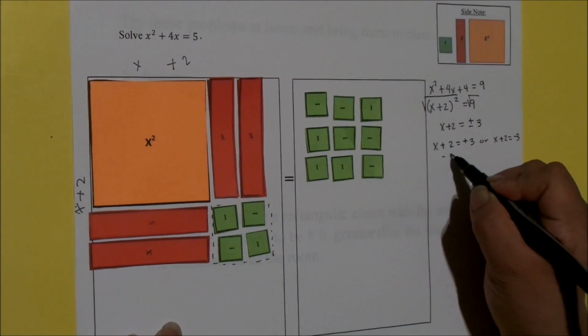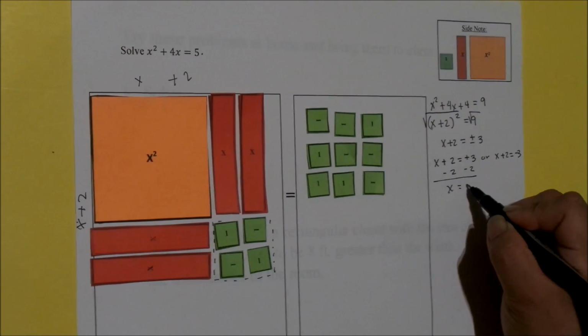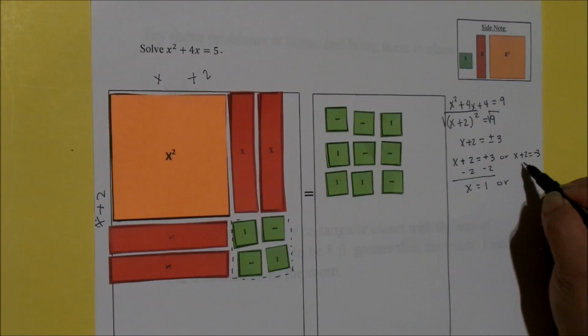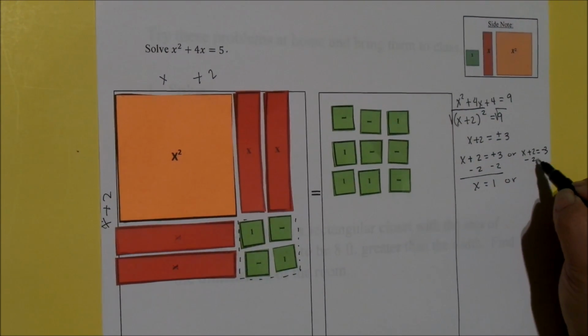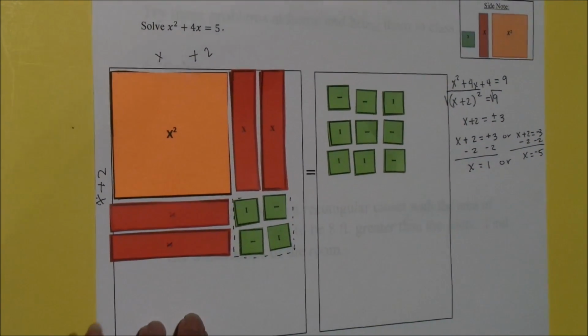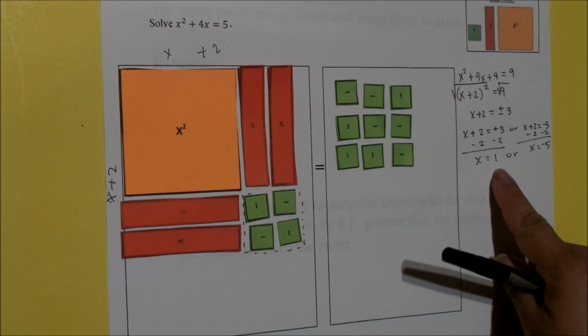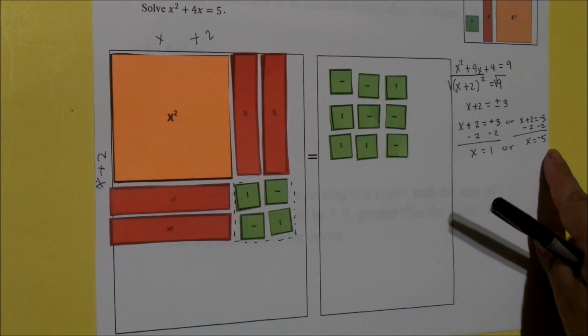We subtract 2 on both sides, so we have x equals 1, or on this side we subtract 2 as well, and that's x equals negative 5. So our answer is x equals 1 or x equals negative 5.